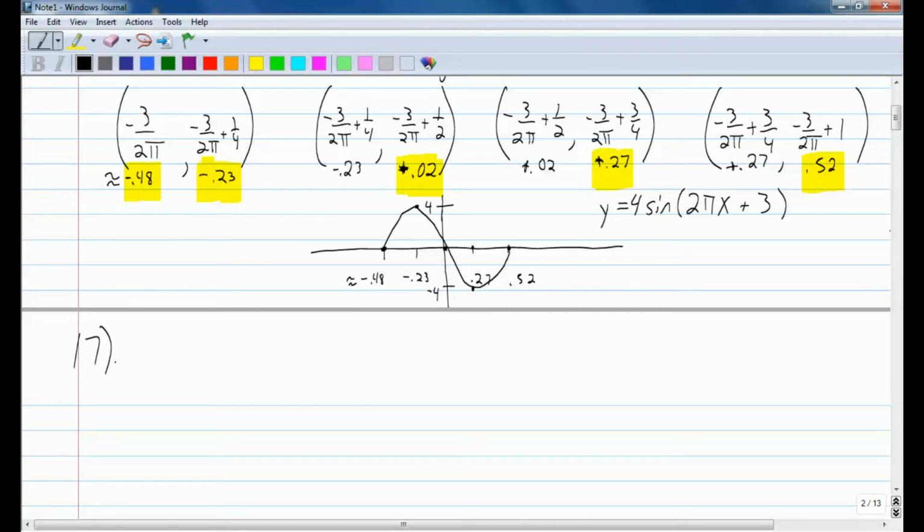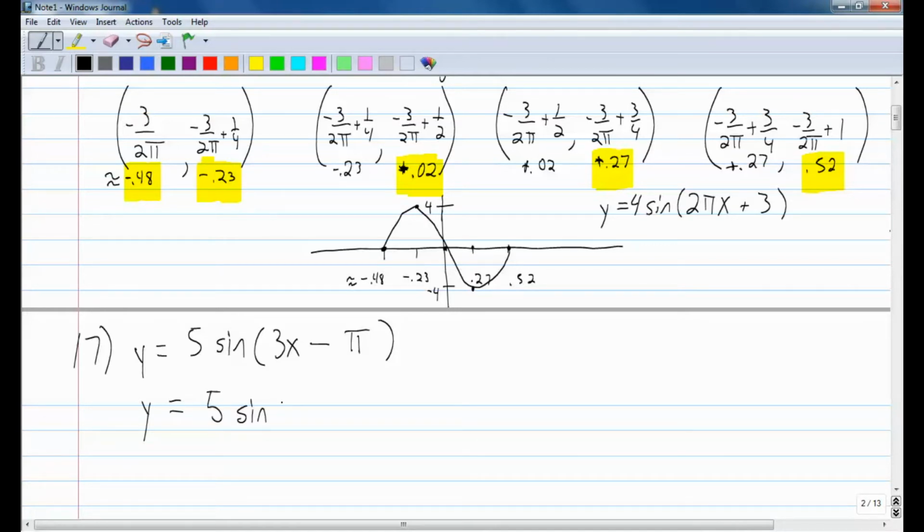The next one is y equals 5 sine of 3x minus pi. So the first thing you want to do, you notice there's a phase shift. So the first thing you want to do is rewrite the function.